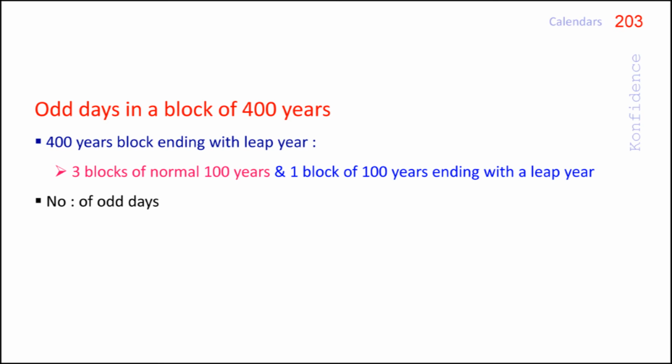Therefore, the number of odd days will be 5 plus 5 plus 5 plus 6, that is equal to 21 odd days. And that means there will be 0 odd days for a block of 400 years that ends with a leap year divisible by 400. It is because 21 odd days means 3 complete weeks.